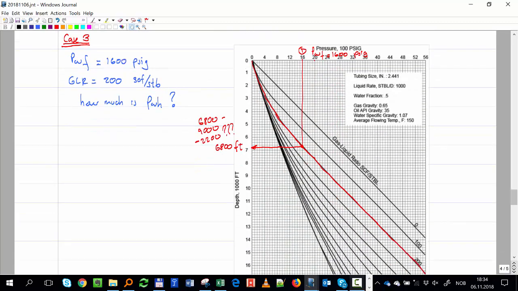Bottom hole pressure 1600, GLR 200. Again, come here, 6,800 minus 9,000 minus 200. So what does it mean?